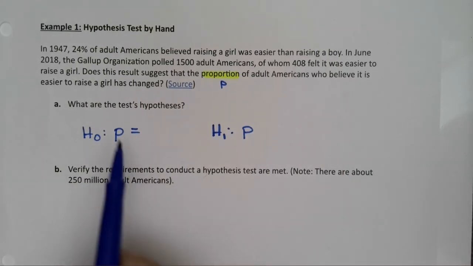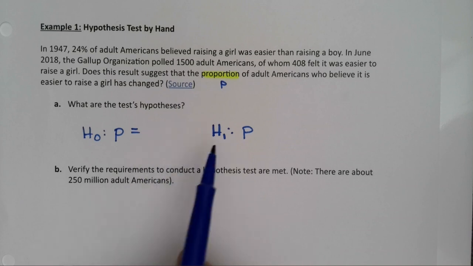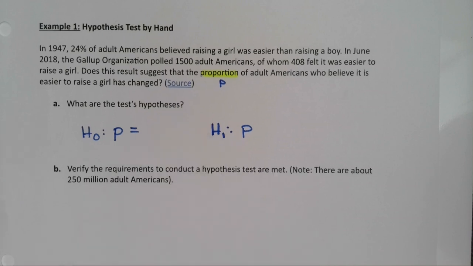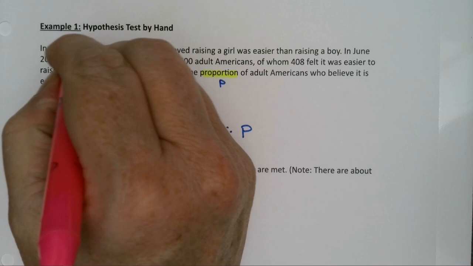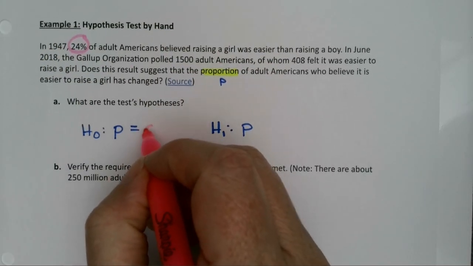So now it's a question of what proportion do we assume to be true unless we can prove it otherwise? Well, we assume the past holds. We assume that whatever it was back in olden times is what it still is. So when we see this in 1947, 24%, that right there, that's our P0. That's 0.24.